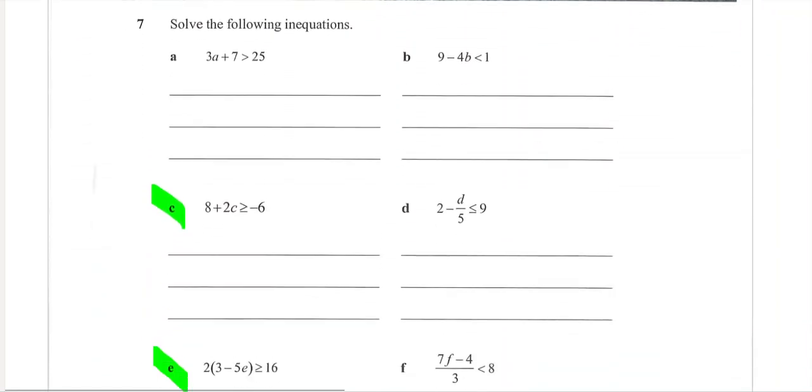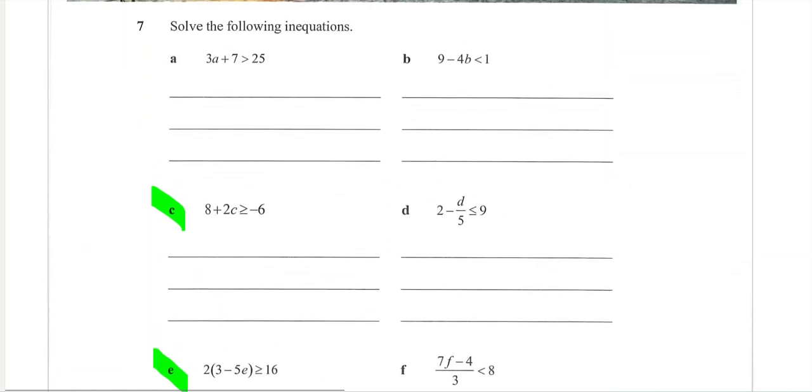Have we reached the end yet? No, we still have more. Solving inequalities. To solve an inequality, most of the time you do the same steps as a normal equation, just doing the opposite to move things away. The only thing you need to be careful of is if you're multiplying or dividing by a negative number, not just subtracting a number, it has to be multiplying or dividing.